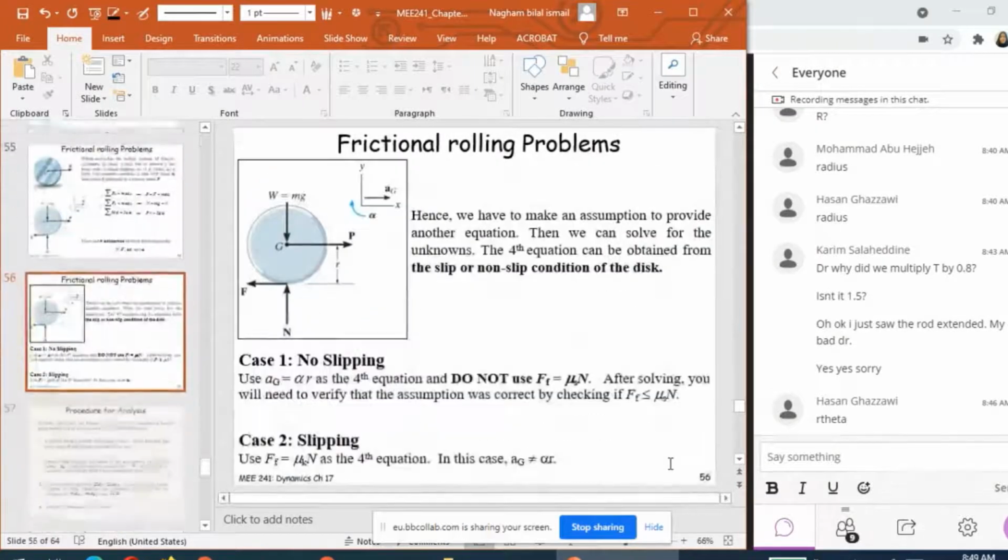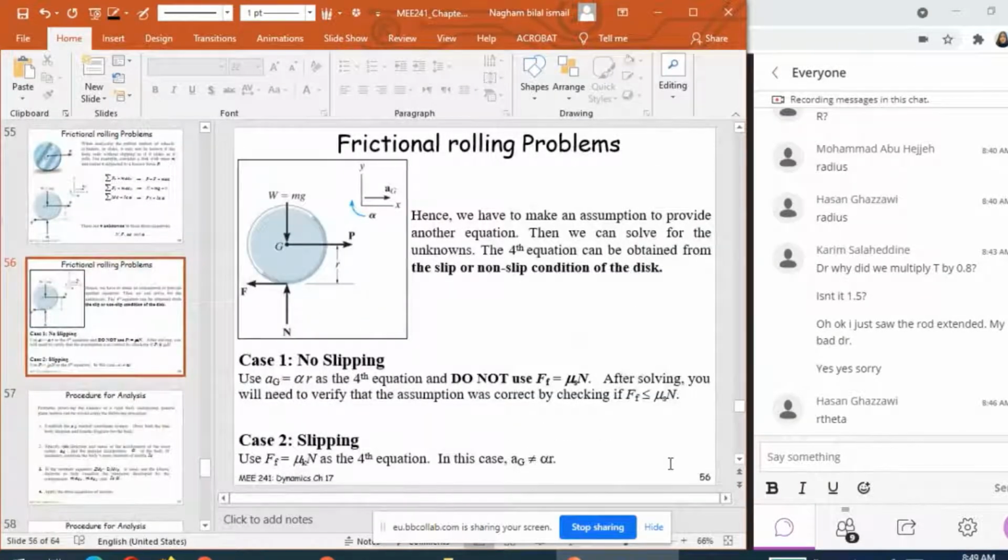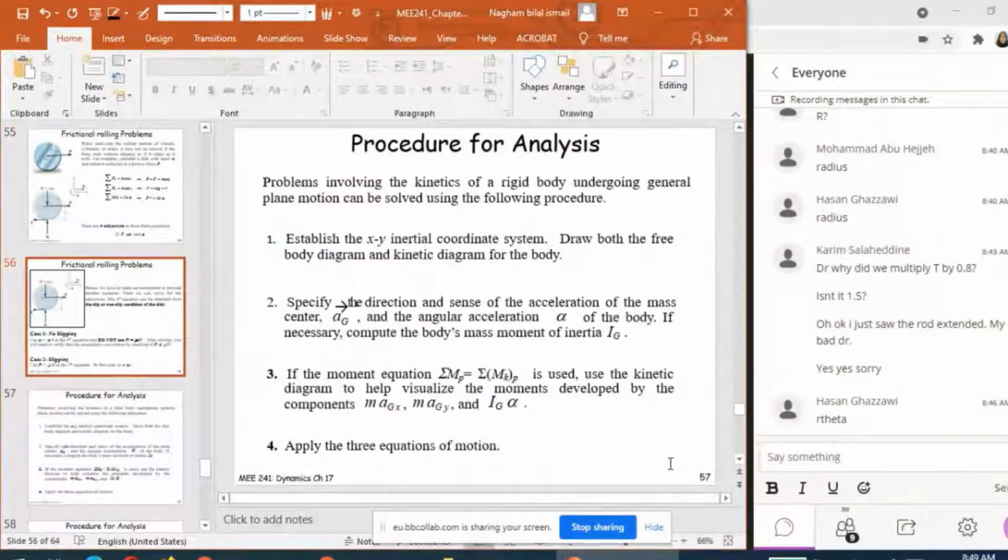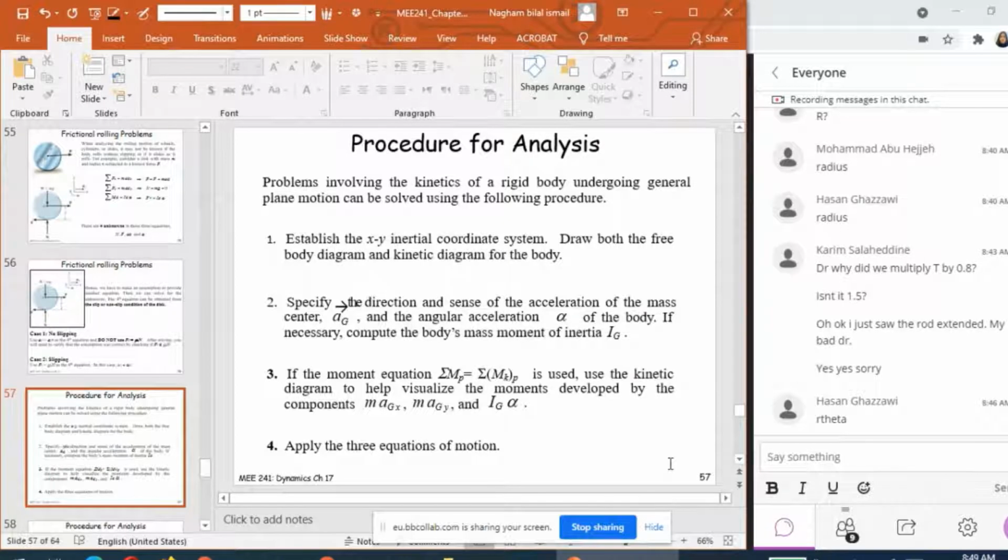Or you have to find out what is your fourth equation if you have a no slipping condition or if you have a slipping condition. Okay, so the procedure of analysis is very similar. You have to apply your inertial coordinate system, show your free body diagram, and then you have to apply these three equations and find out if there is any necessary fourth equation.